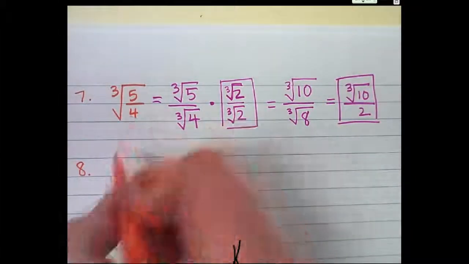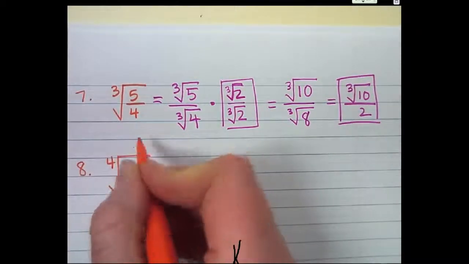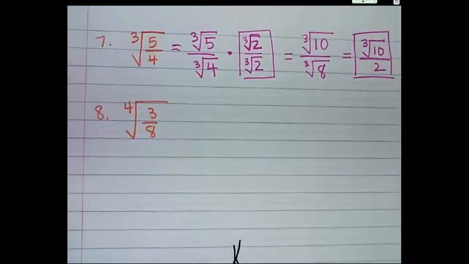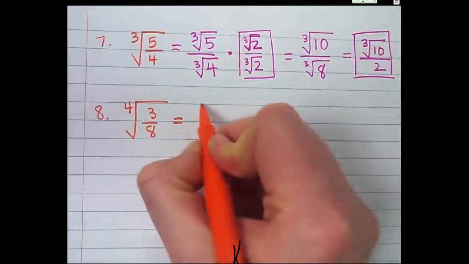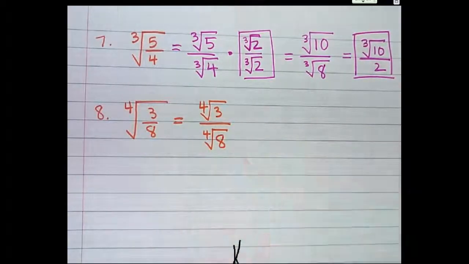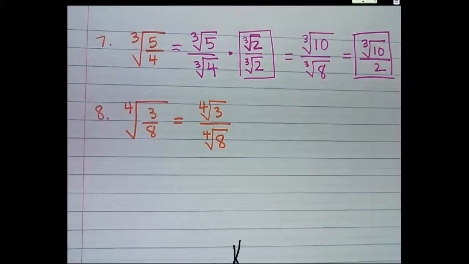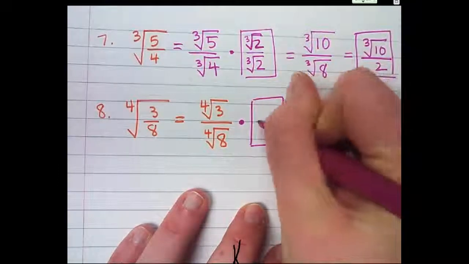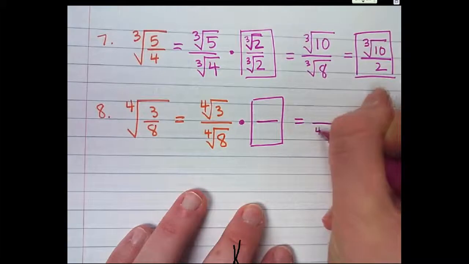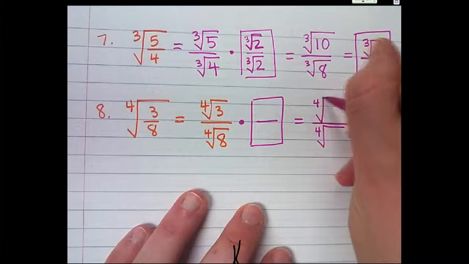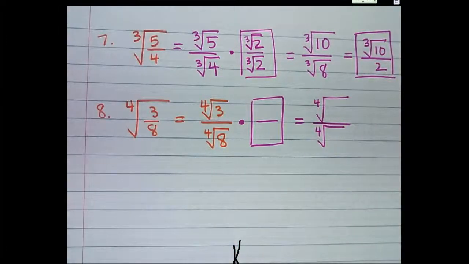Okay, number 8, let's do a 4th one. 4th root of 3 over 8. So I'll go ahead and split it up. So I'm looking for something to multiply by to get a perfect 4th root.